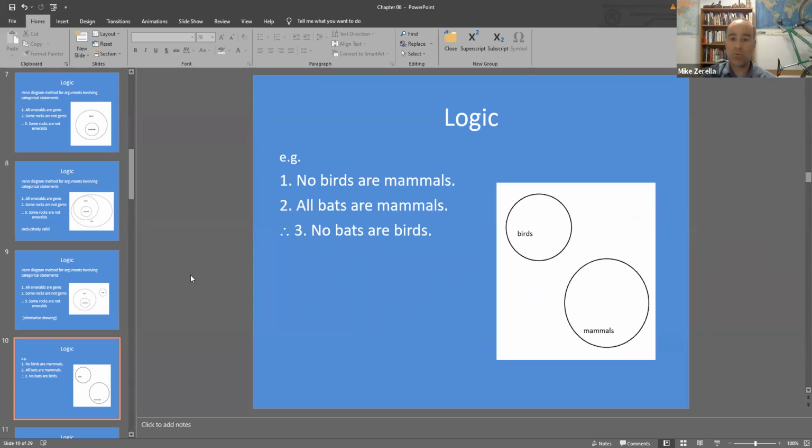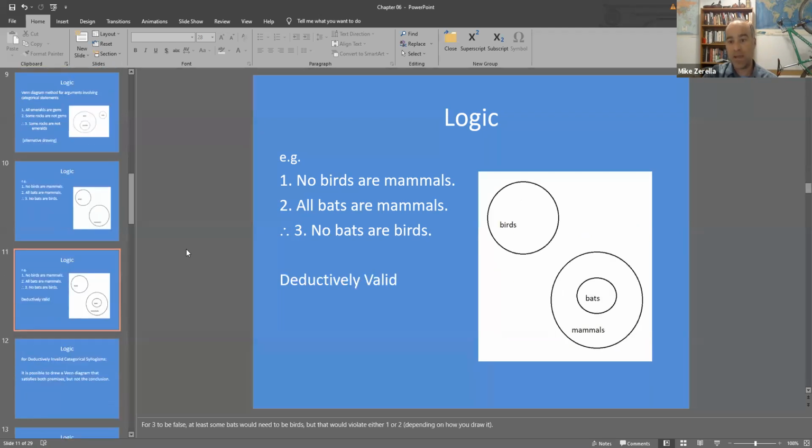So no birds are mammals. Well, that means that we have to have no overlap between the birds circle and the mammals circle. So that's what we've got here. None of the birds are in the mammal circle. Okay, now all bats are mammals. Well, that's going to have all of the bats inside the mammals circle. So now we've got a Venn diagram that matches the two premises.